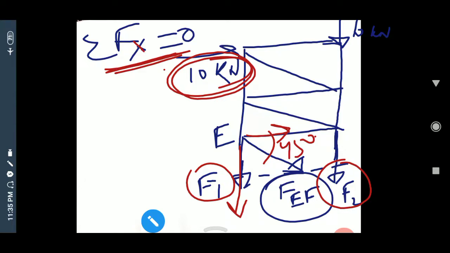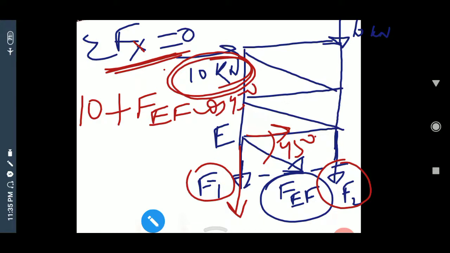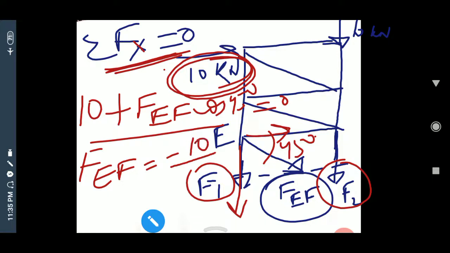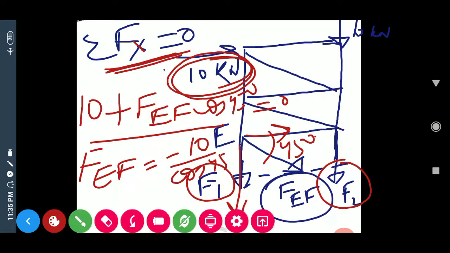So the forces in x direction are 10 and FEF. What is the x component? The x component is FEF cos 45 degrees. This is the equilibrium condition. Is it clear? What was the equation?